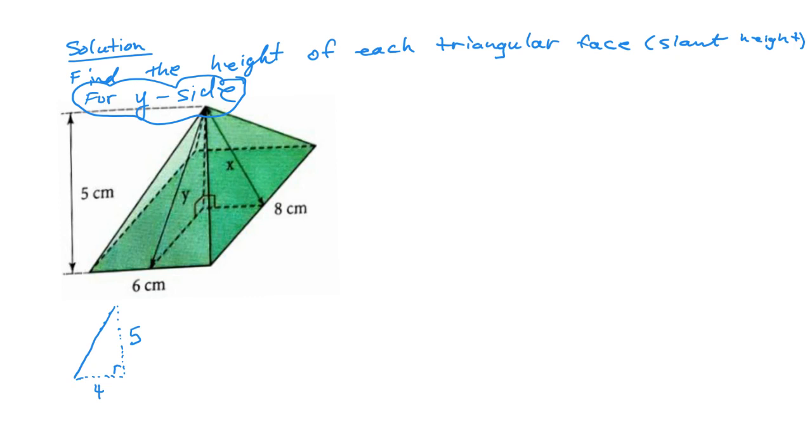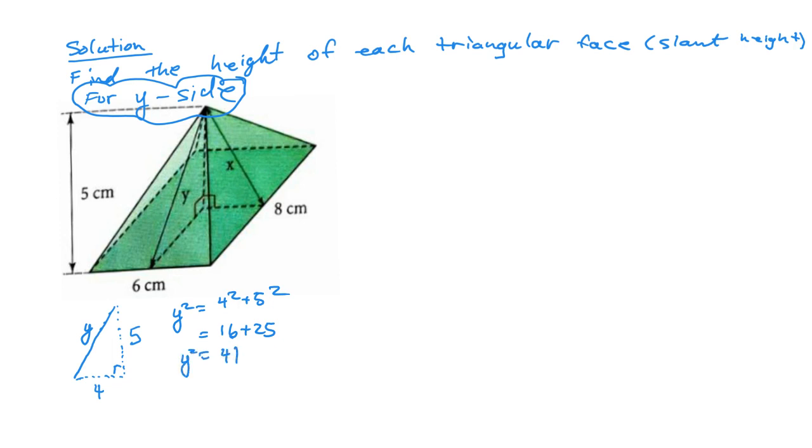So we start with, let's call this y, like we said before. So now we have y squared is equal to 4 squared plus 5 squared, which is 16 plus 25, which gives us 41.